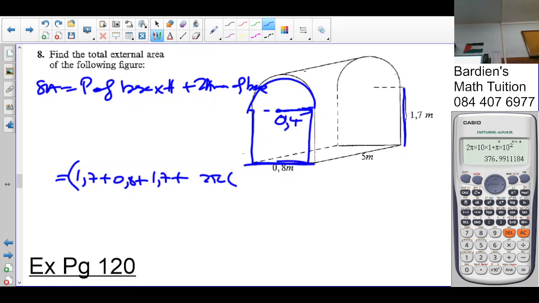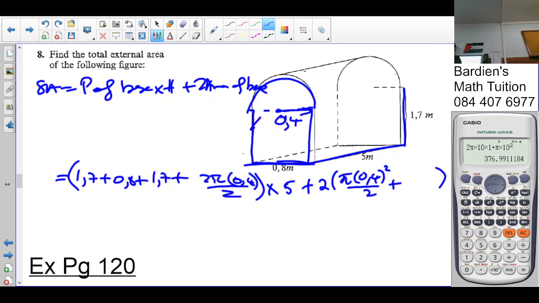It's half of that thing, half times that, times the depth of the object, which is 5, plus twice the area of the base. The area is going to be made up of a semicircle, which is pi r squared divided by 2. So it's pi times 0.4 squared divided by 2 plus the area of this rectangle, which is 0.8 times 1.7.